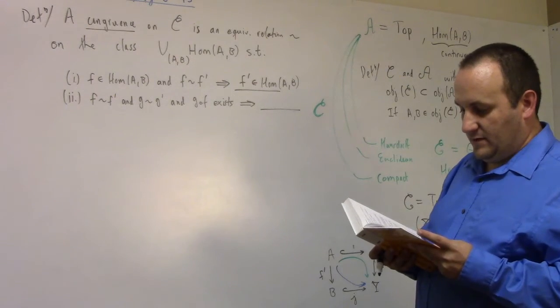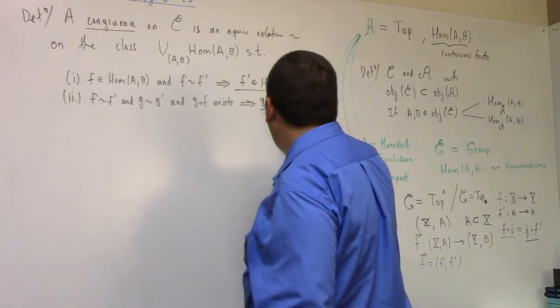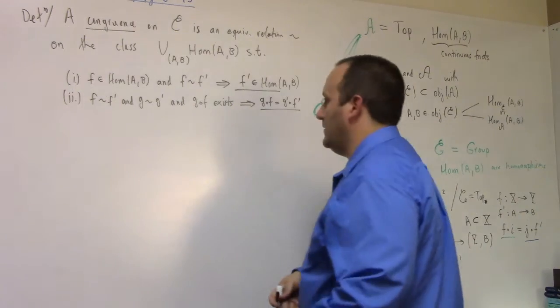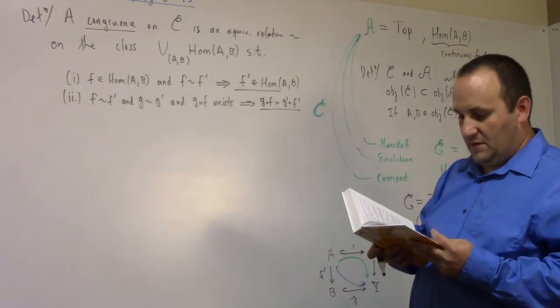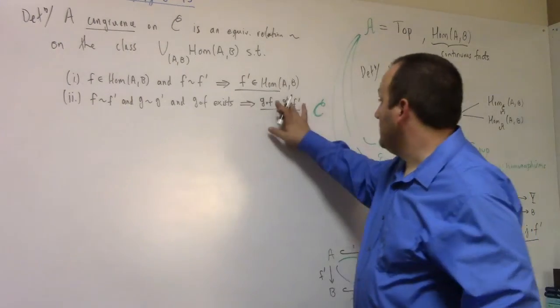And the next one implies that g composed with f is equivalent to g prime composed with f prime. I don't have much intuition for what's going on here yet. Equivalent, thank you.